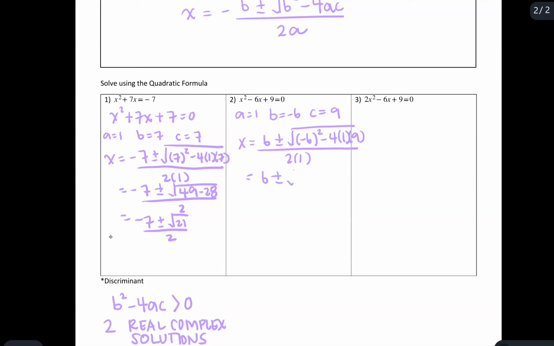So I'll have 36 minus 36, which is 0. So my only solution is going to be 3. If what is underneath the radical is equal to 0, you're going to have one real solution.